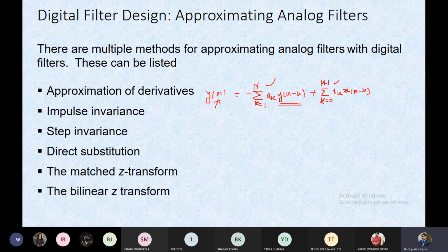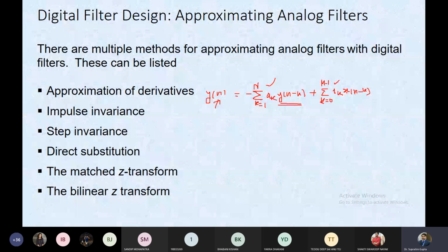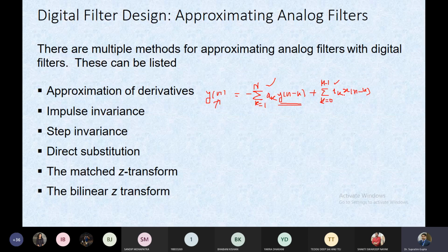If your system is running continuously for long hours, it is as if it is taking from minus infinity to plus infinity. That's why the impulse response is not effectively getting truncated, and we are taking all the infinite number of samples, which is encoded in the past values of the output. And so we call it an infinite impulse response.